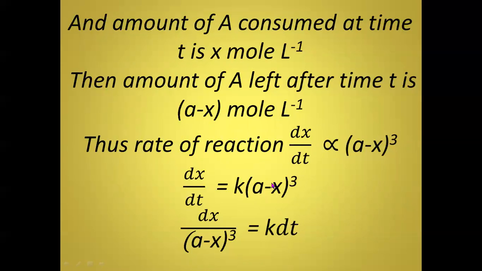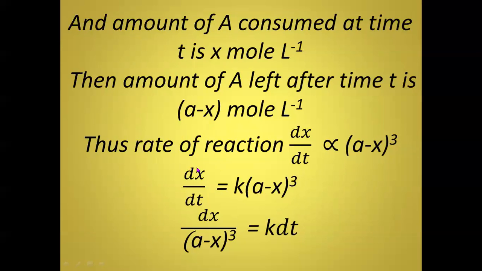Rate of reaction is directly proportional to the cube of the concentration of A which is left over, that is dx by dt proportional to (a minus x) whole to the power 3, where dx by dt is the rate of reaction, and dx here denotes infinitesimally small change in concentration, and dt is infinitesimally small change in time. a minus x is the leftover amount of reactant A. Now we need to remove this proportionality sign so that this expression becomes an equation.